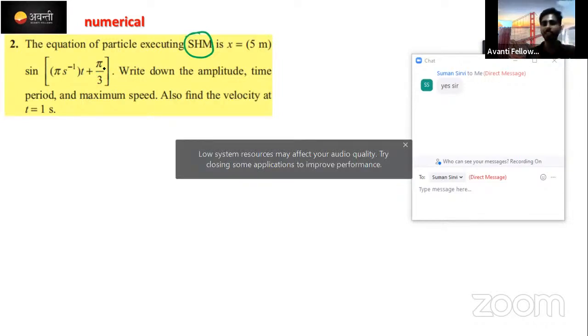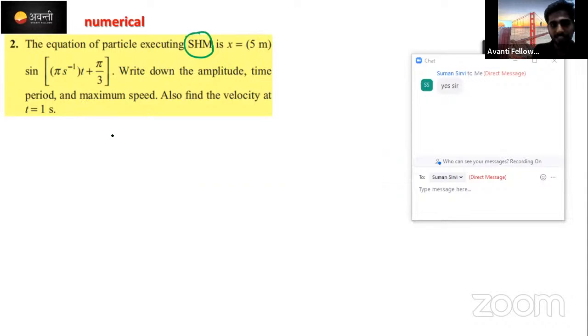This is the equation they have given. X is equal to 5 meter into sine of pi second inverse into t plus pi by 3.